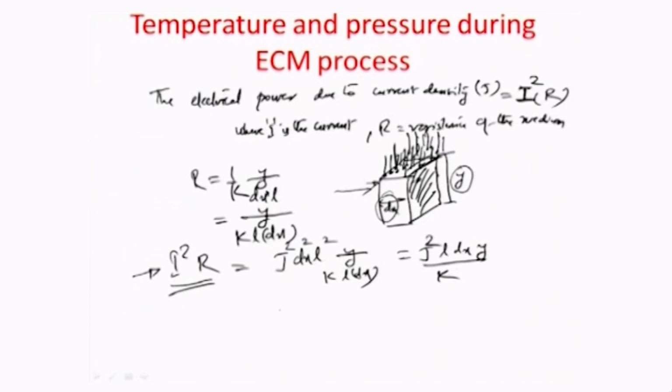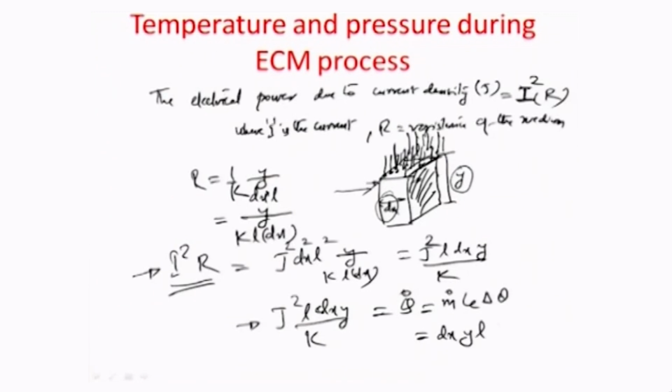So, we can actually equate both of them. Okay. So, I square R here is nothing but the rate at which heat energy is delivered, which is power, is q dot, which is m dot C E delta theta as seen before, which can also be represented as dx L y C delta theta times rho e.